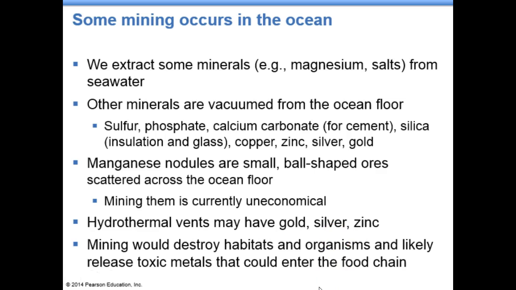The minerals are concentrated in what we call manganese nodules, and these are small ball-shaped accretions that are scattered across parts of the ocean floor. We think that there's about 1.5 trillion tons of manganese nodules that exist in the Pacific Ocean alone, and their reserves of metals exceed all terrestrial reserves.